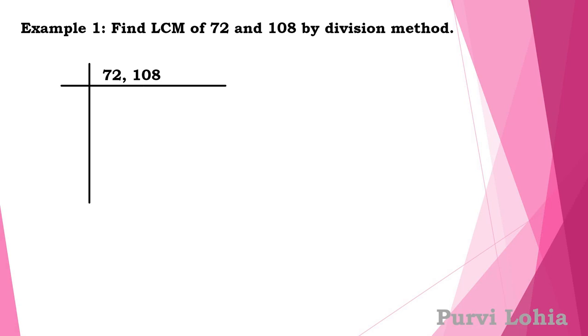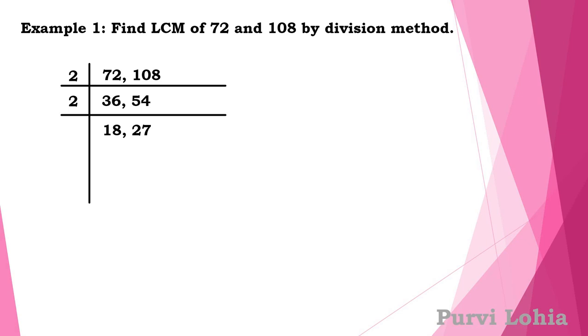So both are even numbers, so we will take 2 and we will divide both the numbers by 2. Okay, so we'll get 36 and 54. Again both the numbers are even numbers, so both will be divisible by 2. So we will divide both the numbers by 2 and we will get 18 and 27.